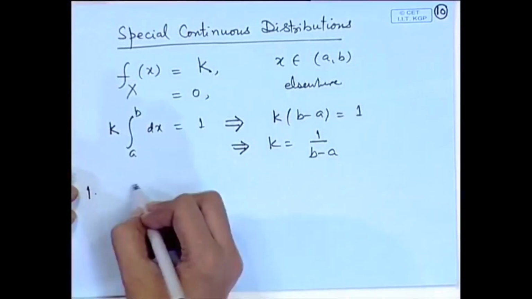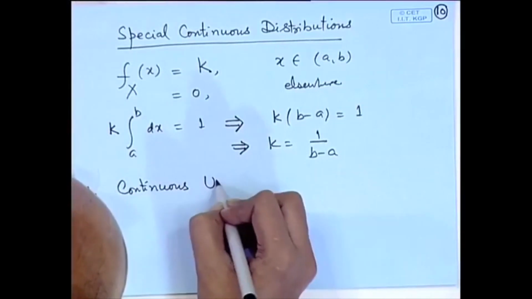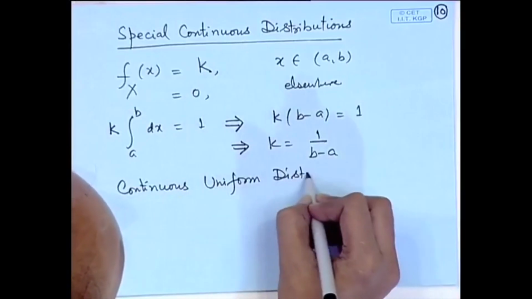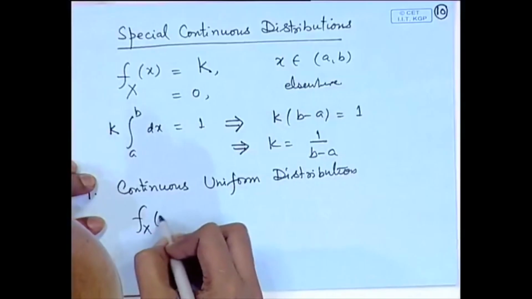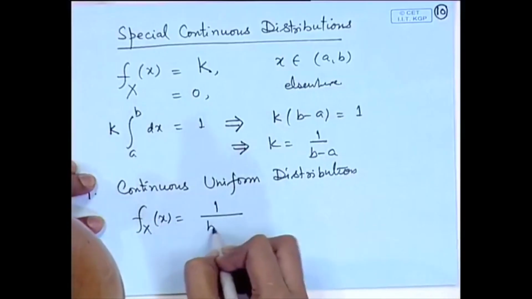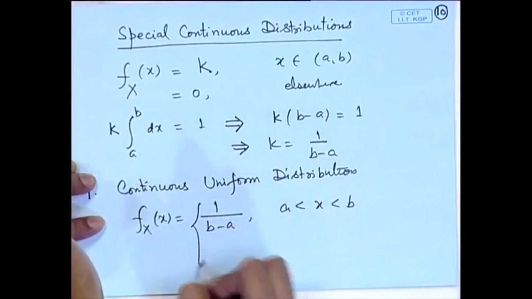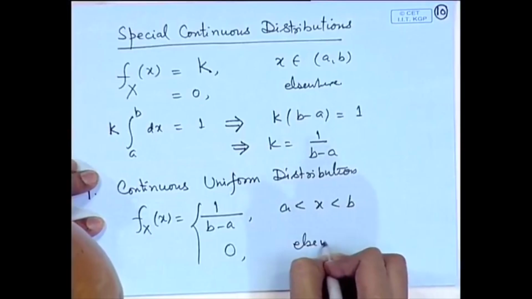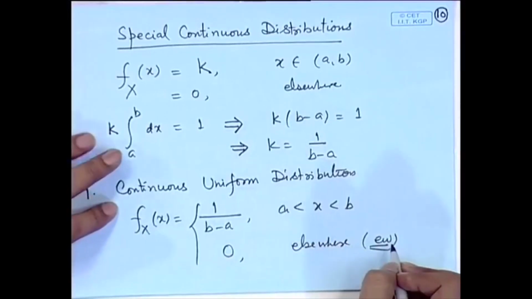So, a continuous uniform distribution has the probability density function given by 1 by b minus a for a less than x less than b, 0 for x lying outside this. We will use the notation E w for writing elsewhere.